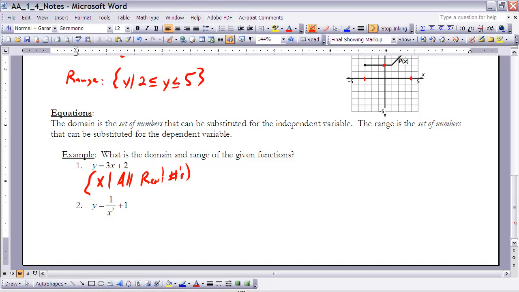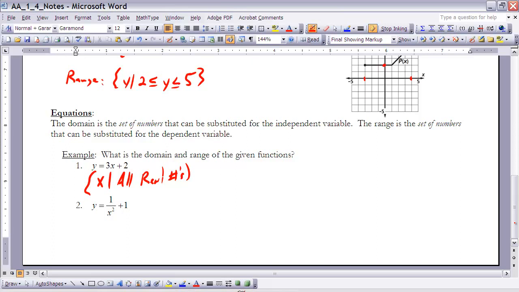If I go negative, it doesn't matter how large from a negative standpoint those numbers get. It's still going to work in this equation. The other number we want to check is 0. If I put 0 in there, I don't have a problem either. So there's no number that I would plug in for x that would cause a problem or make that function undefined. So it would be all real numbers.